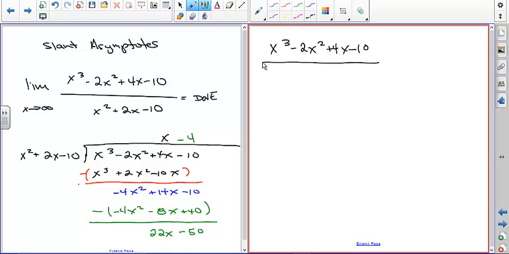So here's the original rational expression, and that's equal to x minus 4 plus 22x minus 50, all divided by x squared plus 2x minus 10.